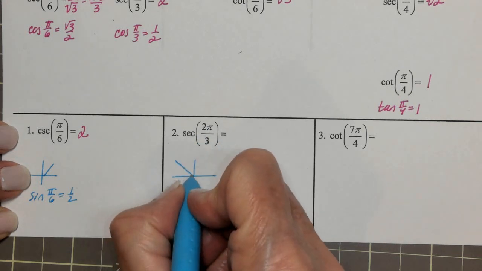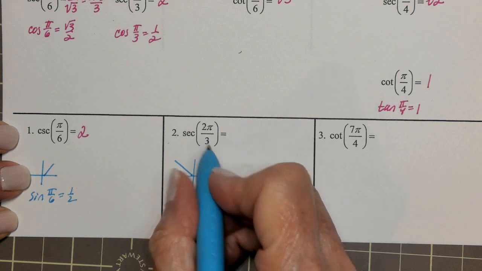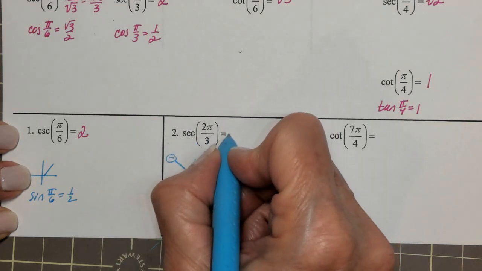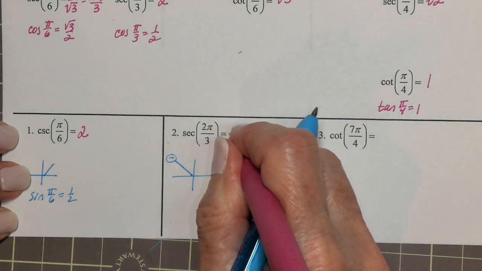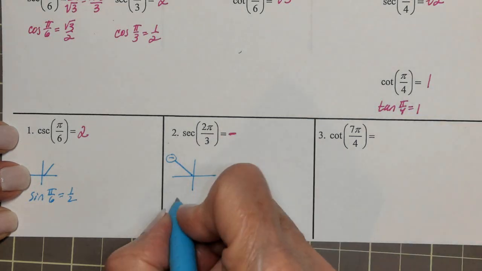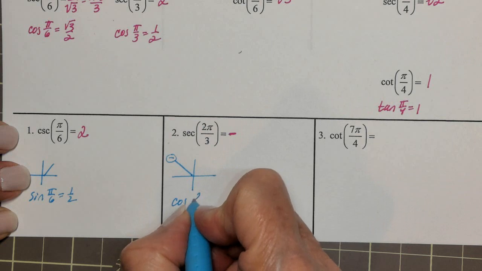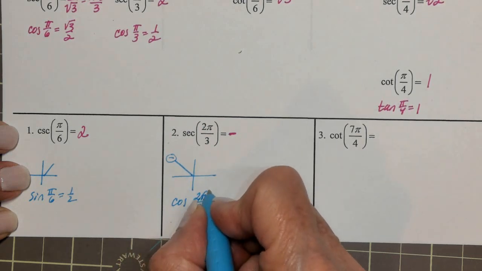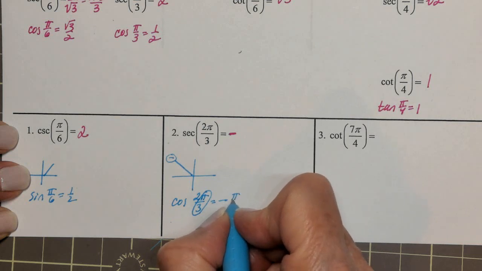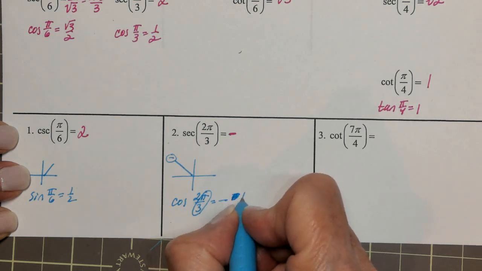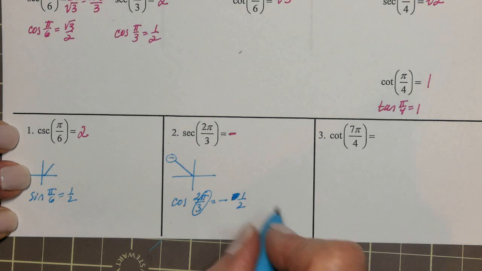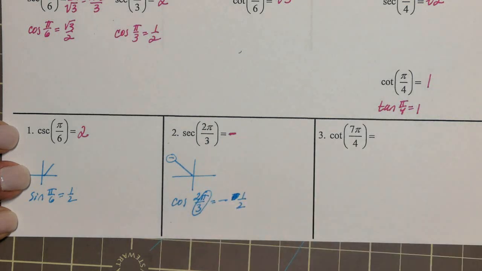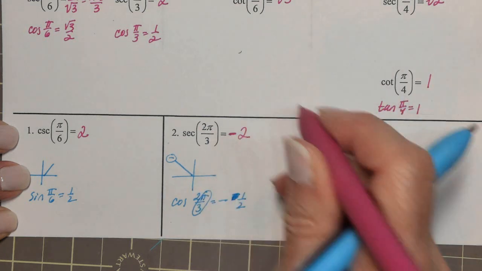So we are in quadrant 2, where cosine is negative. So this is going to be negative something. So cosine of 2 pi over 3 is negative 1/2. Cosine of any pi over 3 is 1/2. So this will be a negative 2.